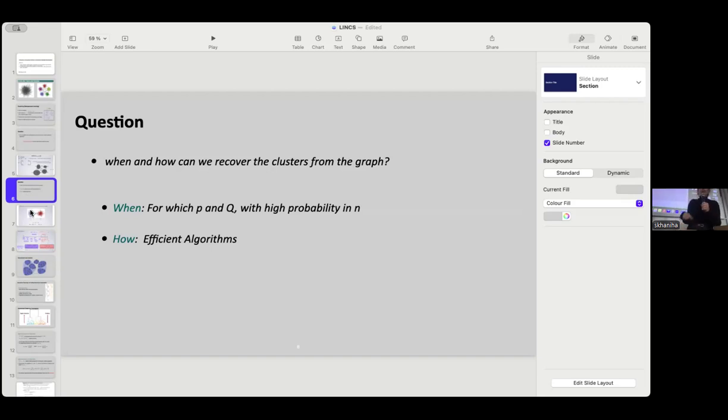After that, we prove for which properties of P and Q the clusters can be recovered. Then we can search for an algorithm that can recover the clusters.